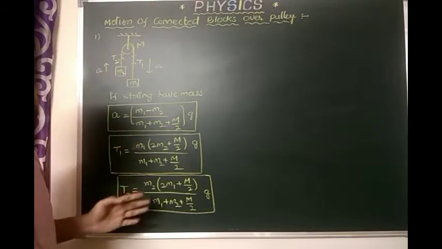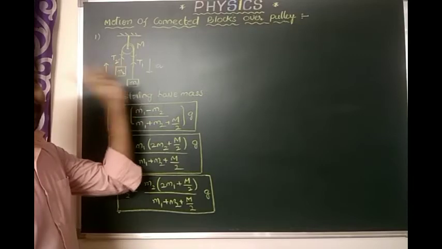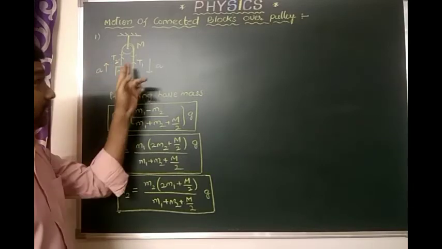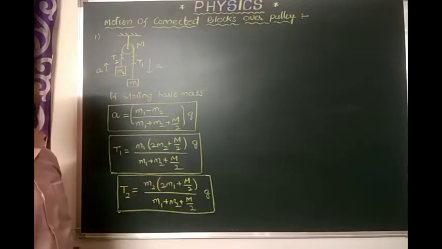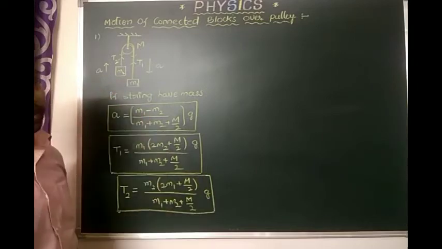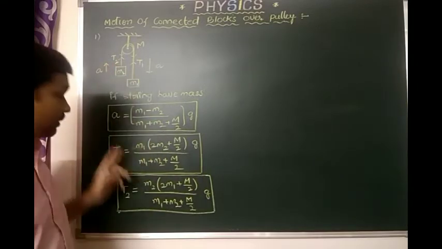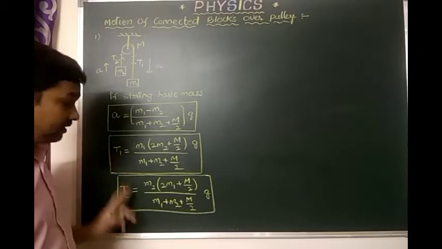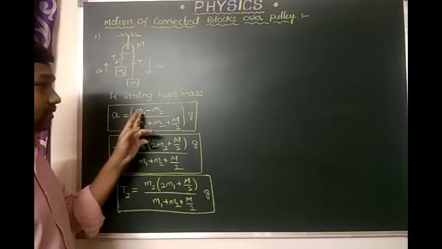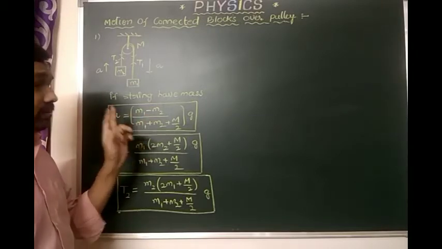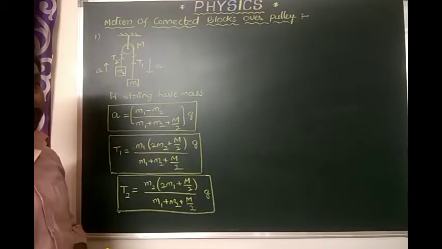These are the formulas related to when the string has mass. When the string has mass, the tensions will be different in different parts, so T1, T2. Here it will be T1, this is T2. What is the acceleration? a equals m1 minus m2 divided by m1 plus m2 plus m by 2 into g.